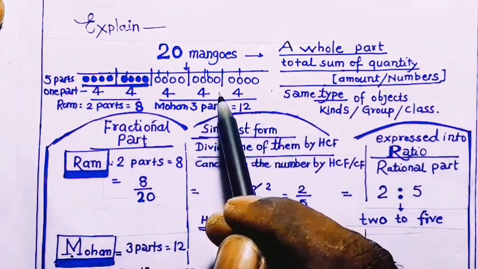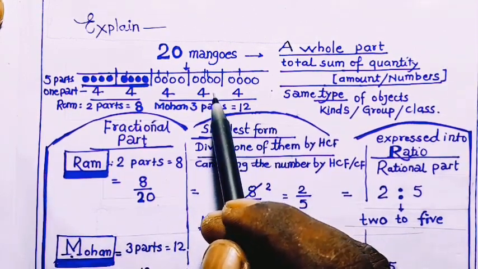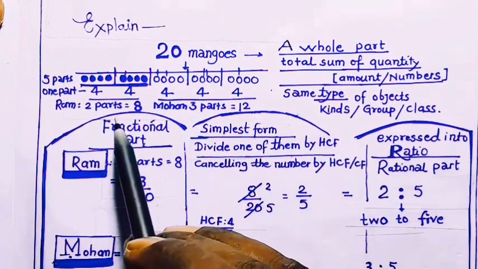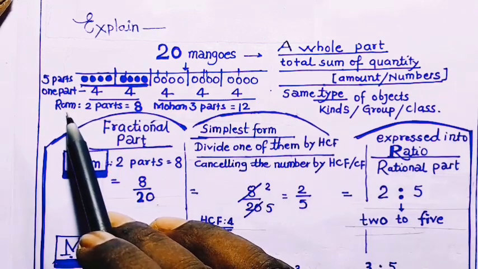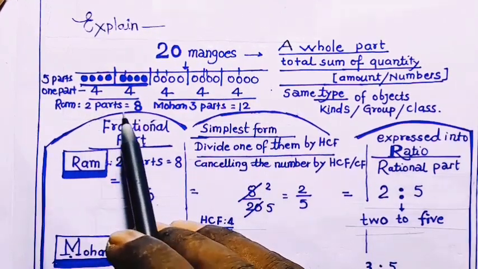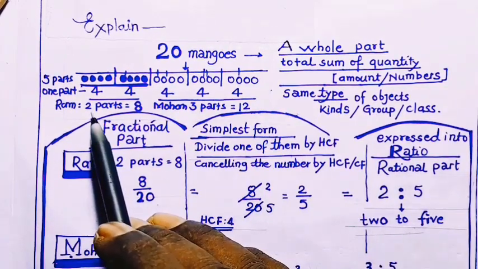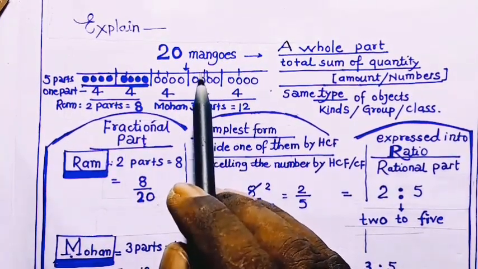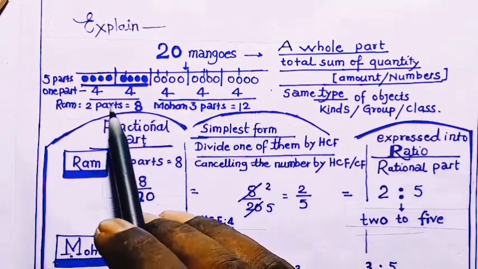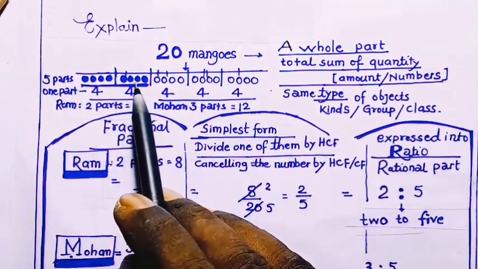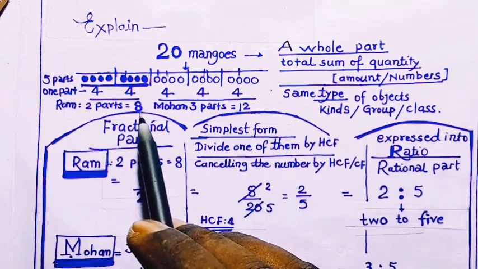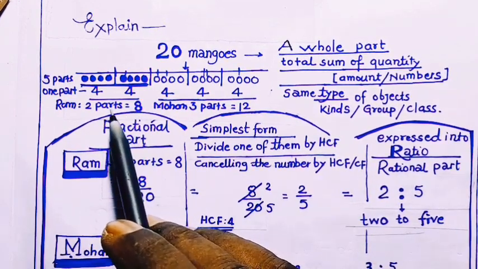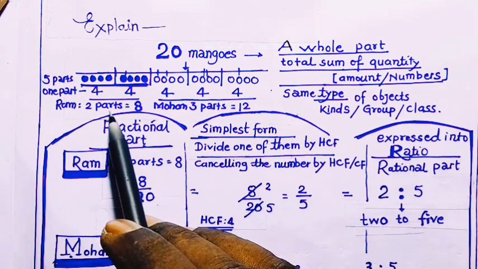The question has been asked that if Ram takes 2 parts from these mangoes, 2 parts means 1 part and 2 parts, and 2 parts means 8 mangoes.